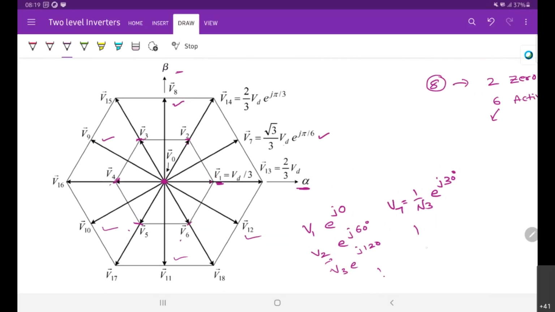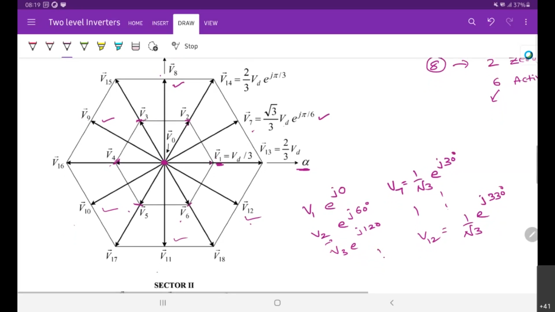So we have this up to V12, with the last at 330 degrees. So we placed the medium vectors in the space vector diagram, V7, V8, V9, V10, V11, and V12.